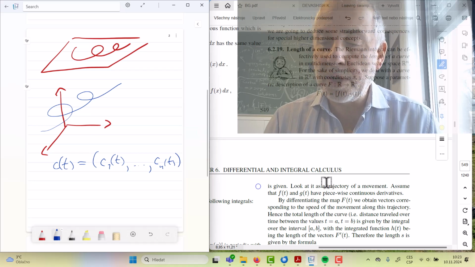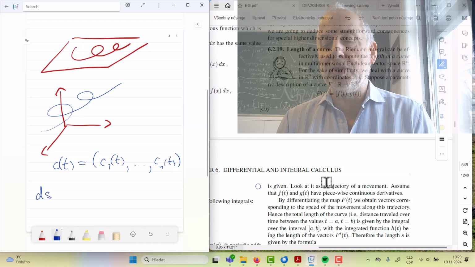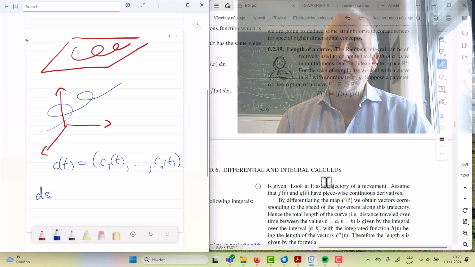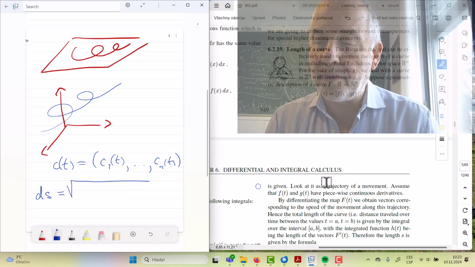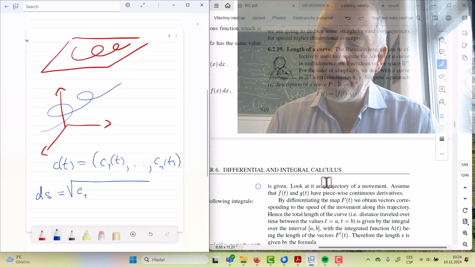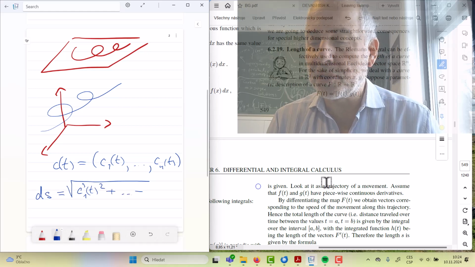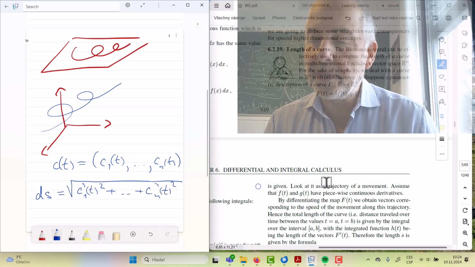And then of course, if we want to see at the level of differentials how big the linear approximation of the length is, then it must be the square root of c1'(t) squared plus and so on c_n'(t) squared, right?